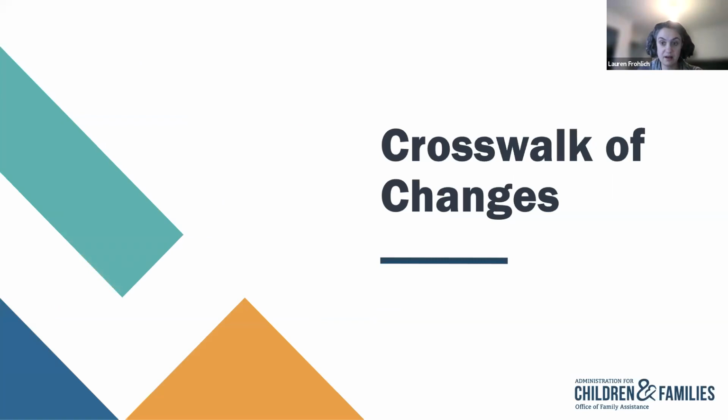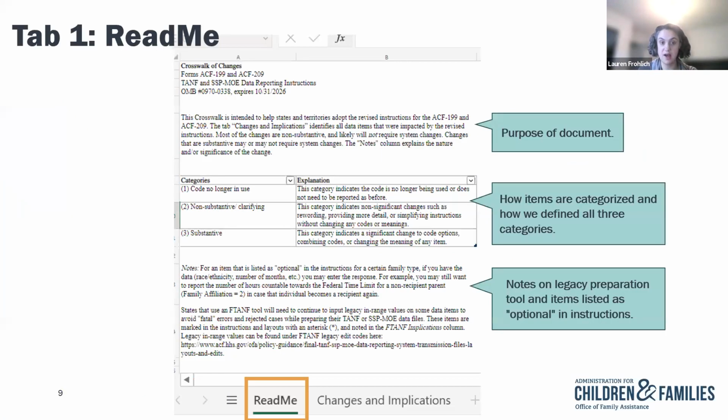And based on feedback and conversations we had during the last webinar, and since then, our team developed this crosswalk of changes. So this is a file that you can find on our website. And if somebody from the data team could please link to it in the chat, that would be great.